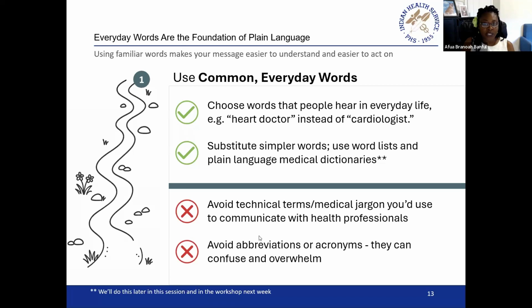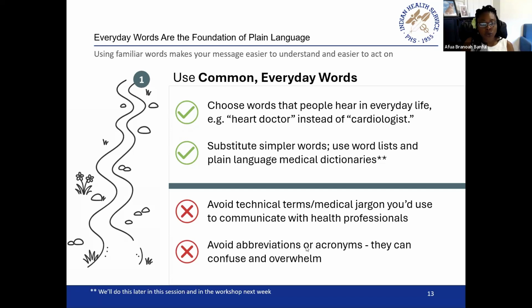Around using common everyday words, what we're trying to do is avoid communicating like you would with another health professional. You have been in the space, this is your language, your terminology. So if you find that you're using technical terms or medical jargon, it should give you cause for pause. Avoid using abbreviations or acronyms.